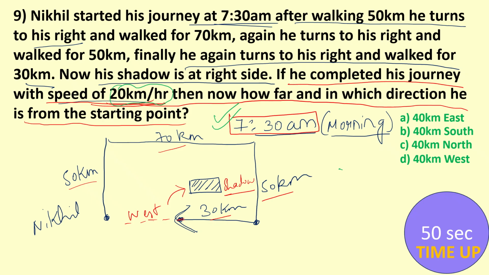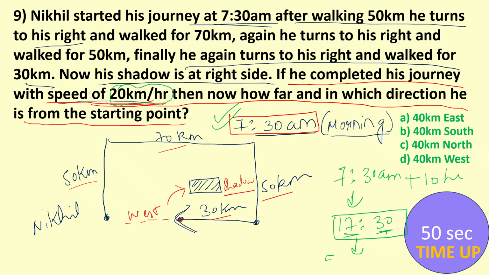So you need to add 10 hours to 7:30 a.m., and you will get 17:30. In the 24-hour format, 17:30 means 17 hours and 30 minutes. So 17 means 5, correct? So it will be 5:30 p.m., that is in the evening time.